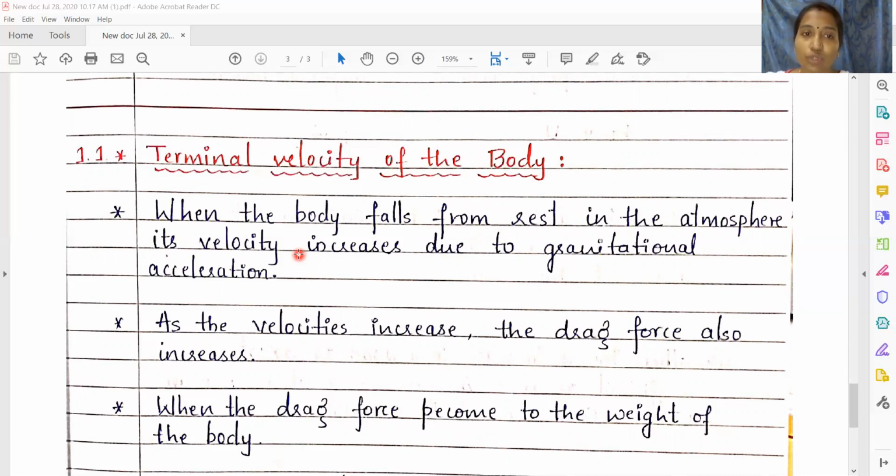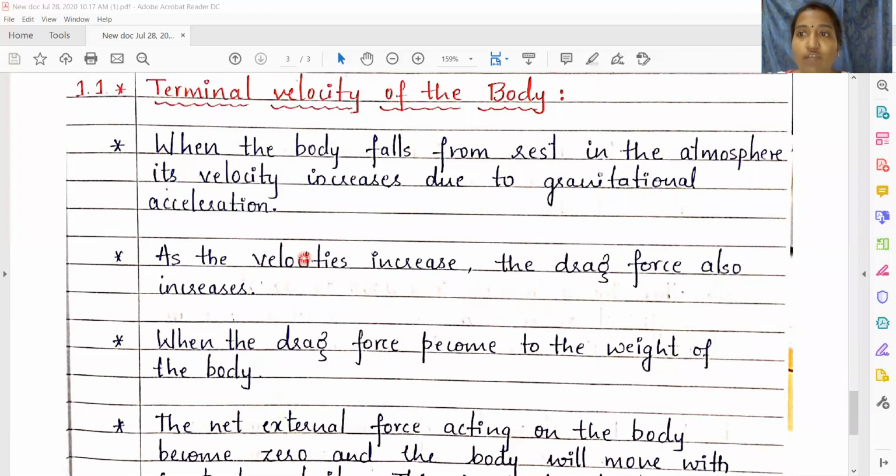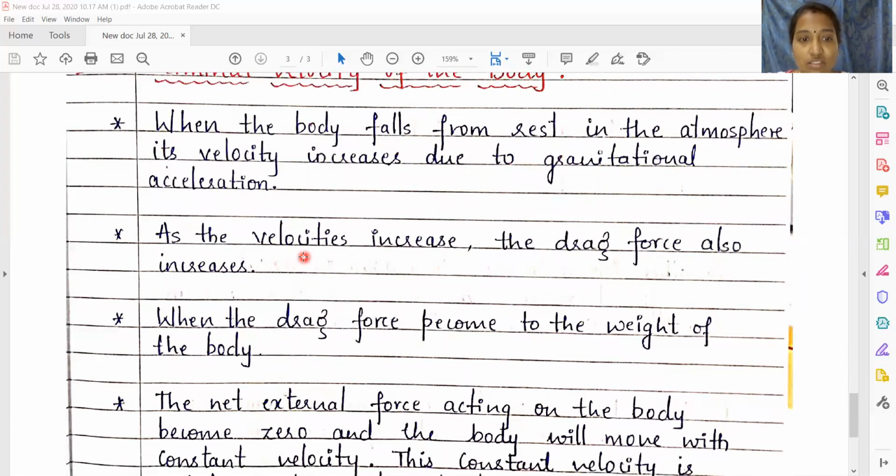Due to this increase in the velocity, the drag force will also increase, because it is moving from one place to another place. When this drag force becomes equal to the weight of that particular body, the velocity will be constant at that particular moment, and the net external force will become zero.